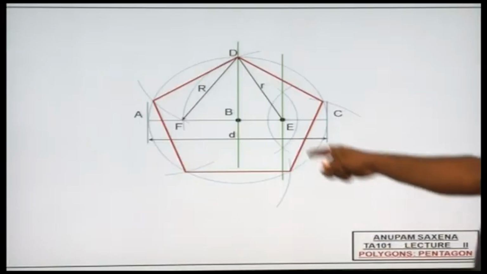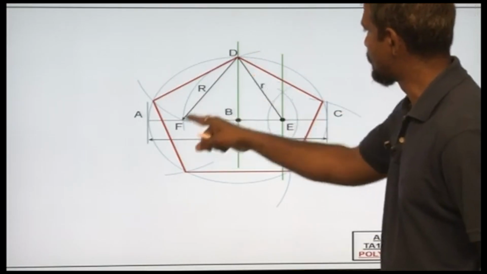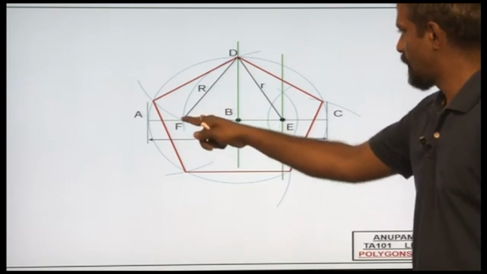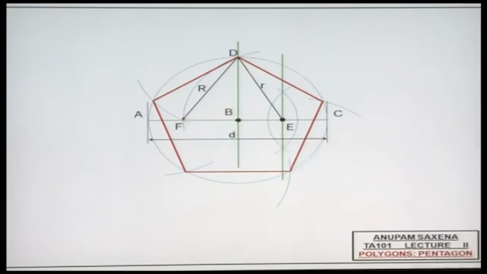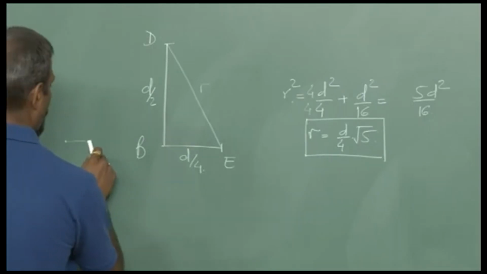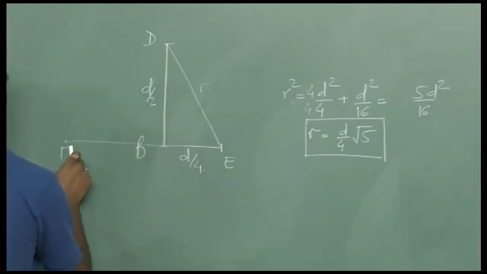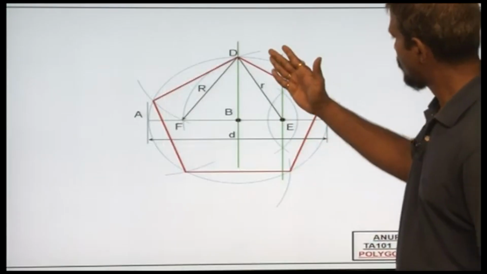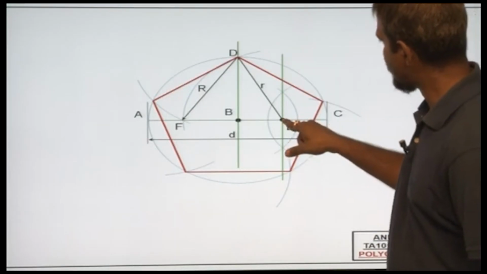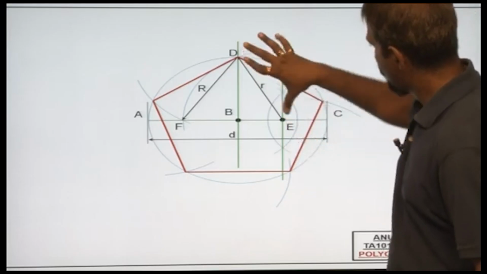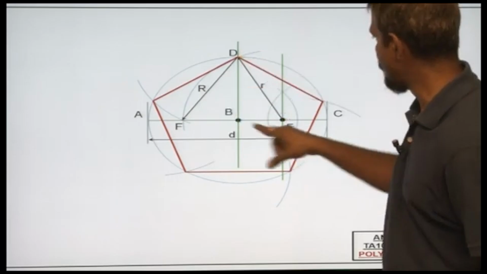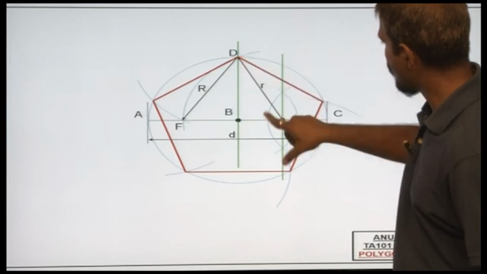Now let's try to figure what this distance is, capital R. Now if I go leftward from B, I'm looking at point F here. Now by construction, with this point E as center, what I had done was I had cut the diameter AC with the arc of radius r.